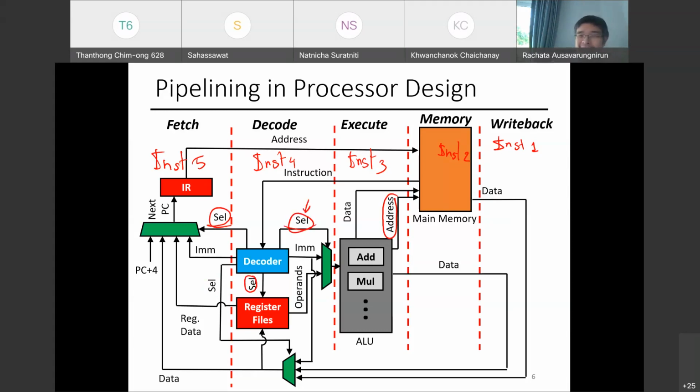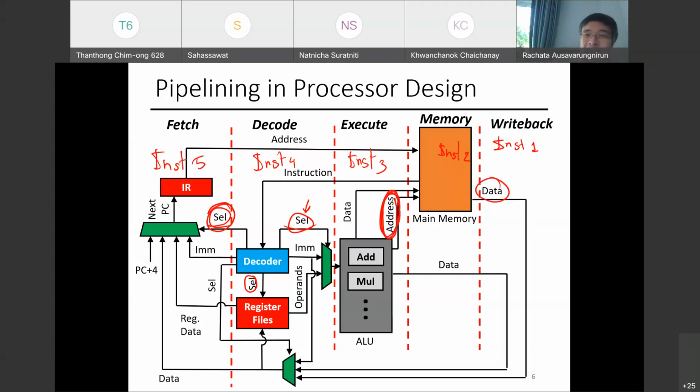This select line should be for instruction 4, right? Because basically you're trying to select the value going to the register file, right? It should be for instruction 4. But this select line should select the next PC so that you get the correct instruction 5, right? This address would be for instruction 3.